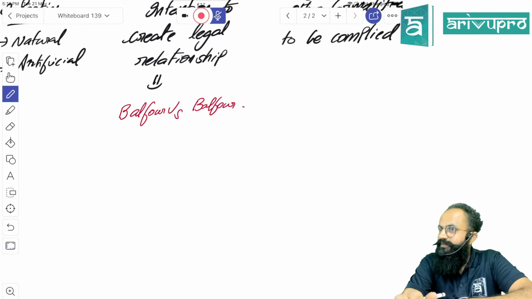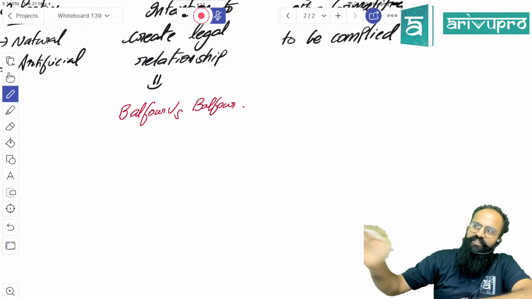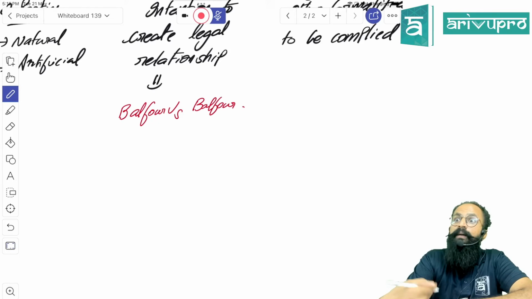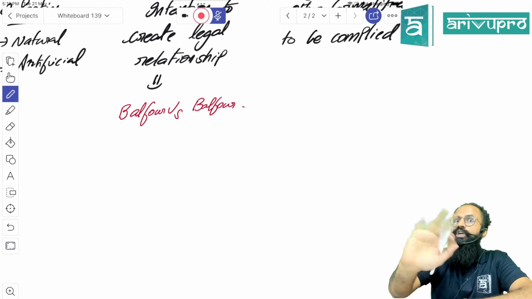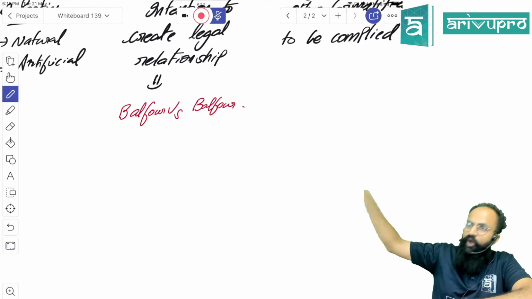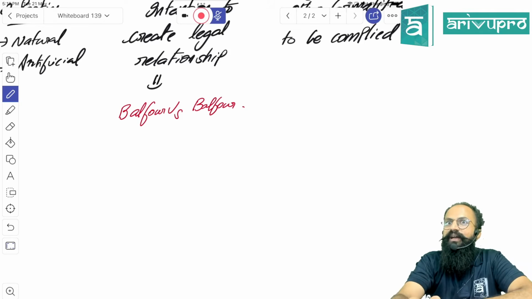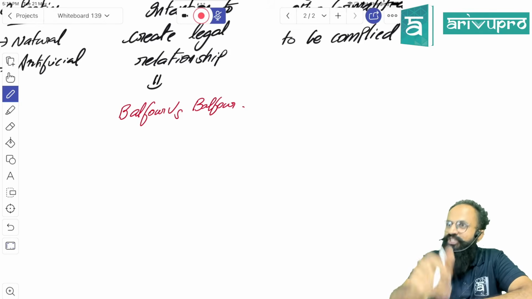Understood? So in this case it was decided that because there was no intention to create a legal relationship between the parties, the court won't come to your help. This case will not be admitted in the court at all. The court won't take up your case because you never had an intention.